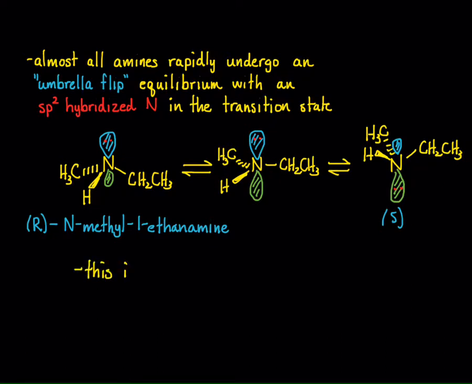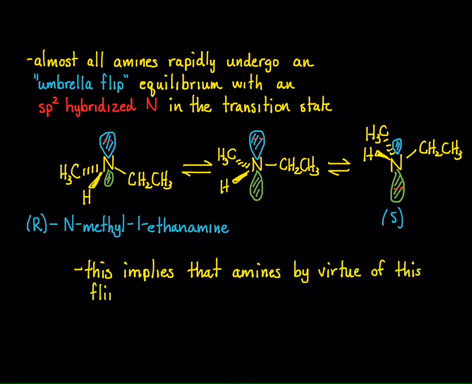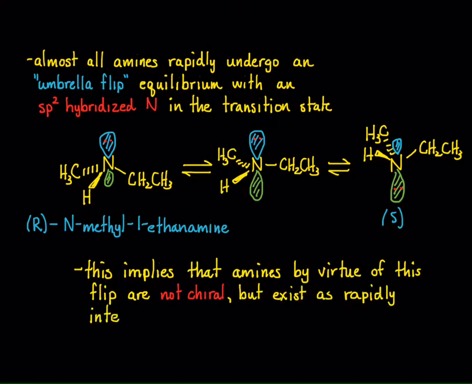And therefore, it implies that amines, by virtue of this umbrella flip, are not chiral, but they exist as rapidly interconverting enantiomers. And one of the reasons why they're not chiral is because they go through this achiral transition state where the nitrogen is briefly sp2 hybridized. So any chirality that it may have, it actually loses as it goes through that umbrella flip.